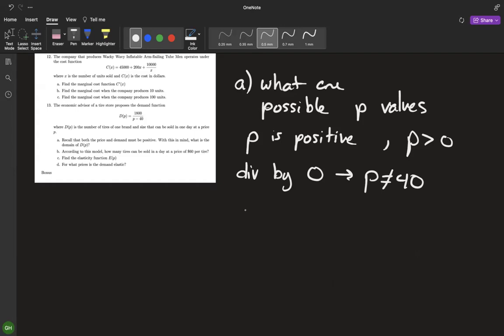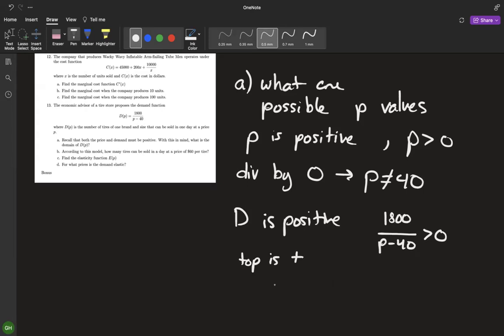And then finally, I need the demand to be positive, meaning that 1800 over P minus 40 is positive. Let's see. The top is always positive. So we need the bottom to be positive.